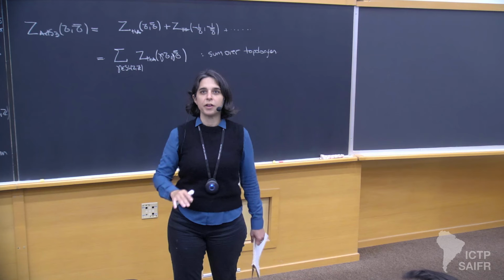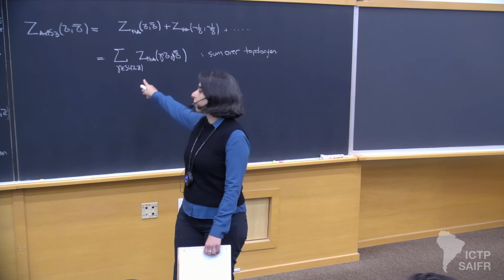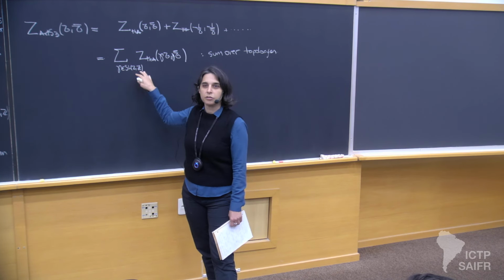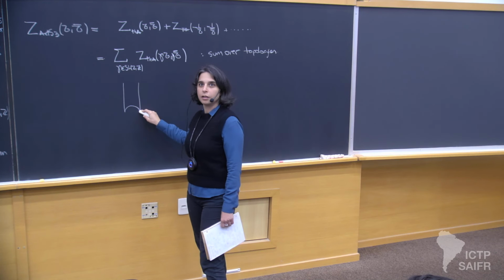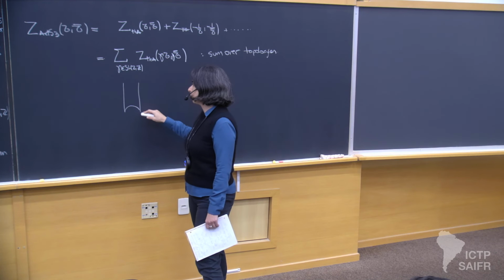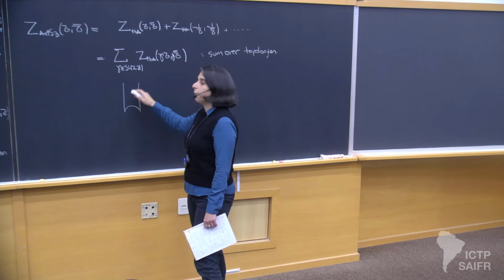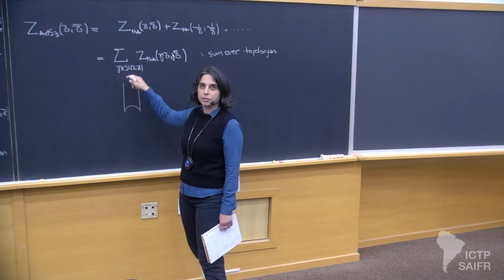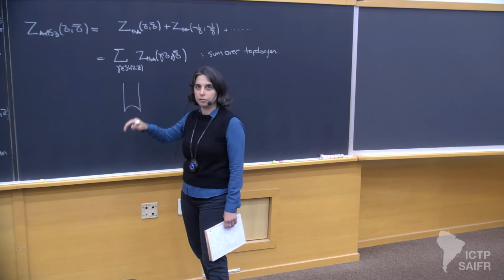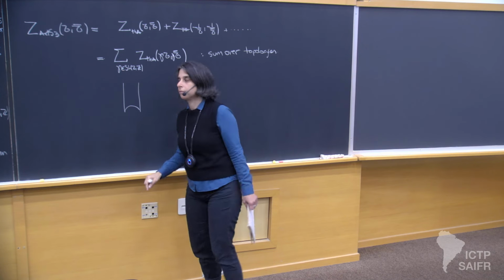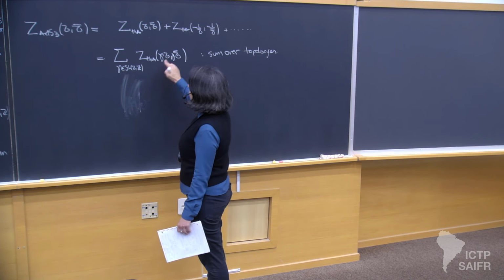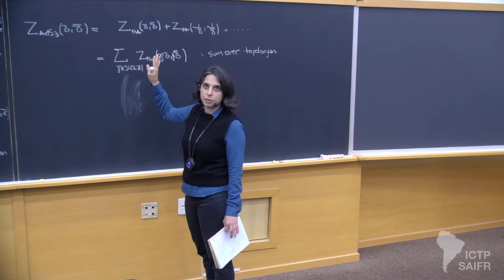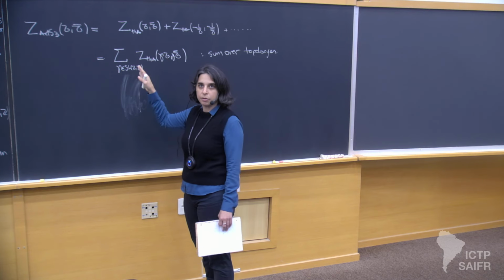So now I have to specify what this is. I need to specify which region I'm summing over. Here the gamma, I'm not going to be doing an integral over tau, just to be clear. Tau is something that is fixed.